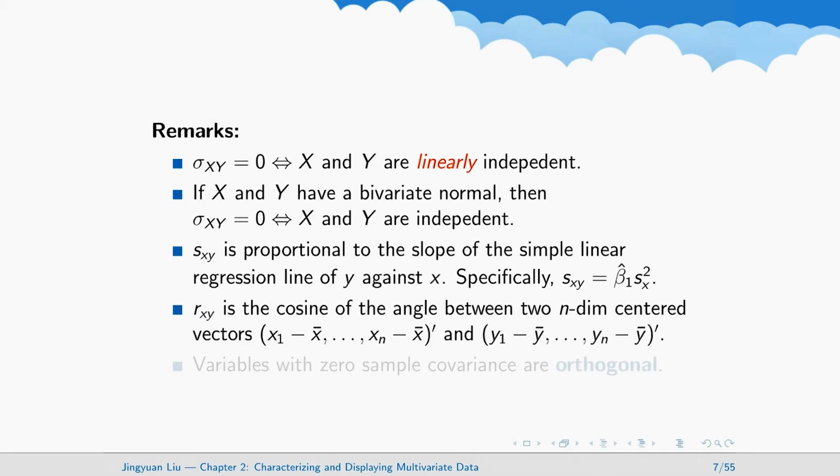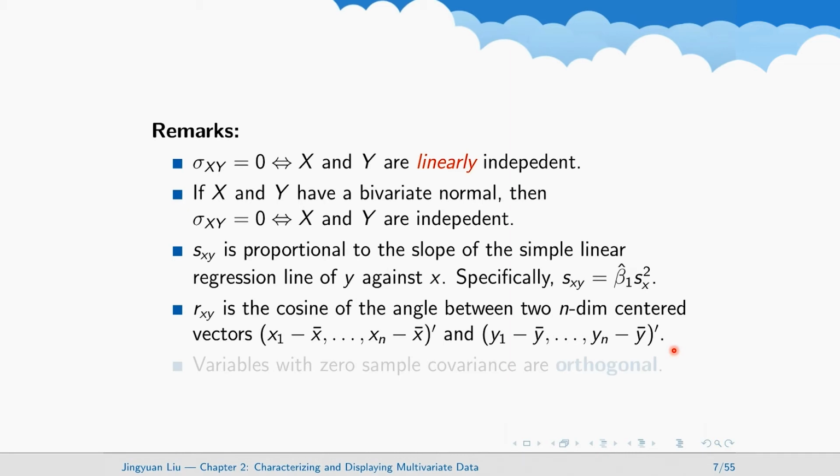The next one is about r_xy, the sample correlation between x and y. It is the cosine of the angle. From the definition, you can easily verify this, because we already reviewed this in chapter 1 when we reviewed matrix algebra. According to the definition, it is just the angle between this vector and that vector, the sample vectors after centralization, after subtracting the mean.